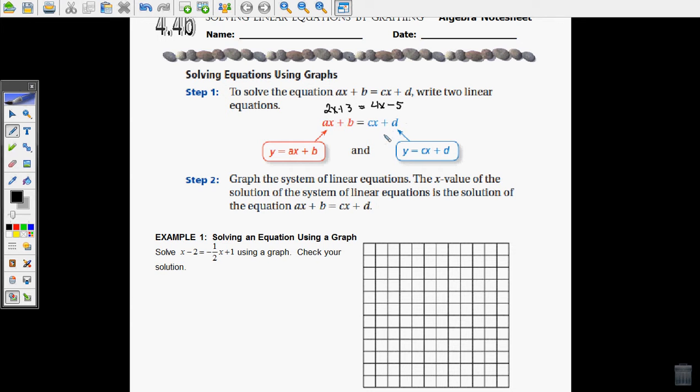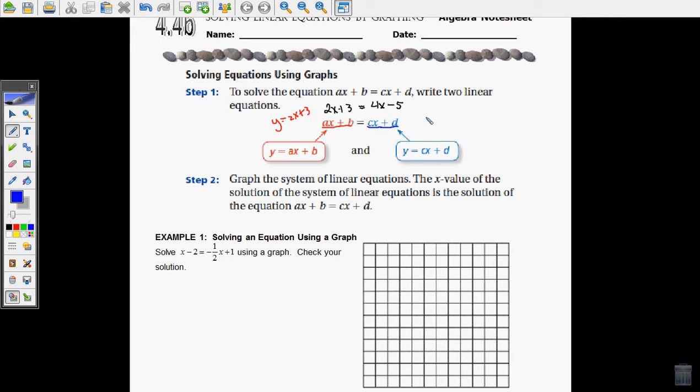In order to do that, I basically want to treat the left side of the equation like it's its own equation and its own graph, and the right side of the equation like it's its own graph. So the 2x plus 3 would really look more like y equals 2x plus 3, and I could graph that.